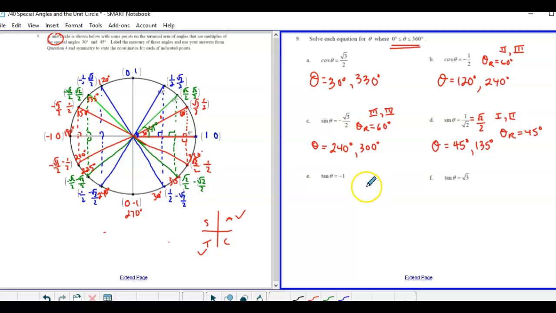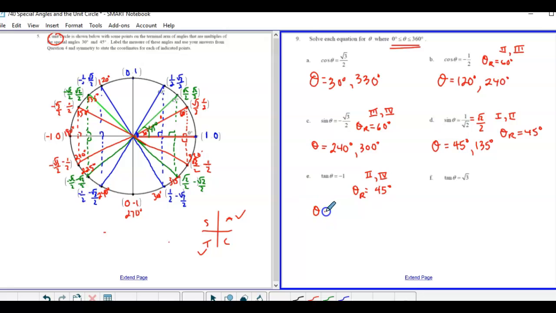Next, tan is -1. So tan is negative in the second quadrant and the fourth quadrant. The reference angle that gives you a 1 is going to be 45.